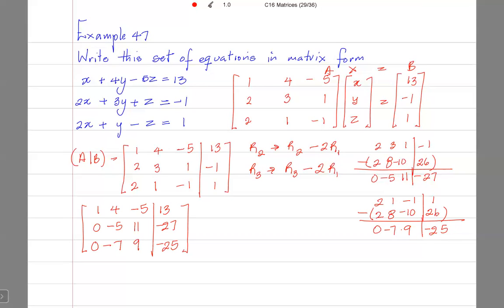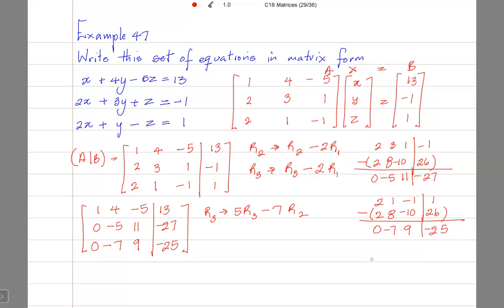So next we're going to make the second element of row 3 0. And to do that, row 3 is going to become 5 row 3 minus 7 row 2.